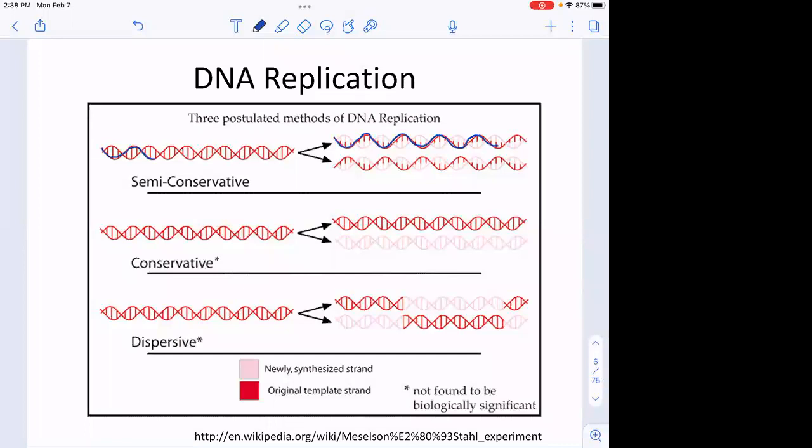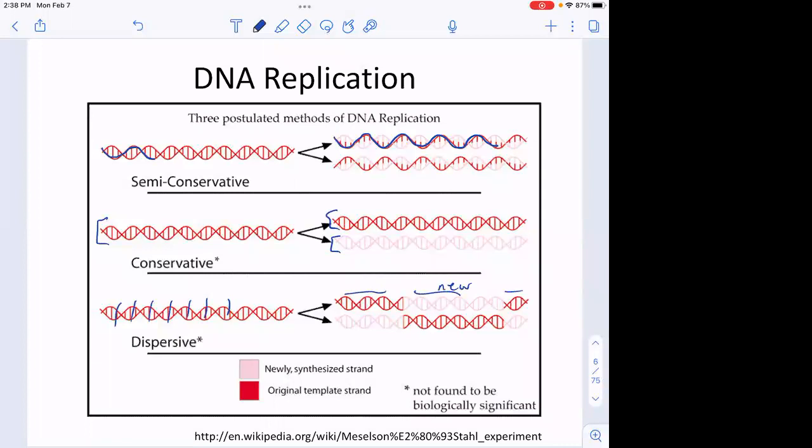The conservative hypothesis was that this original strand was unwound and copied, and those two new strands were totally new, and then the old DNA was conserved. And then there was this other hypothesis that there are enzymes that go through and chop it up like this, and you get kind of an old stretch and a new stretch and an old stretch again. Okay, so those are the three different hypotheses.